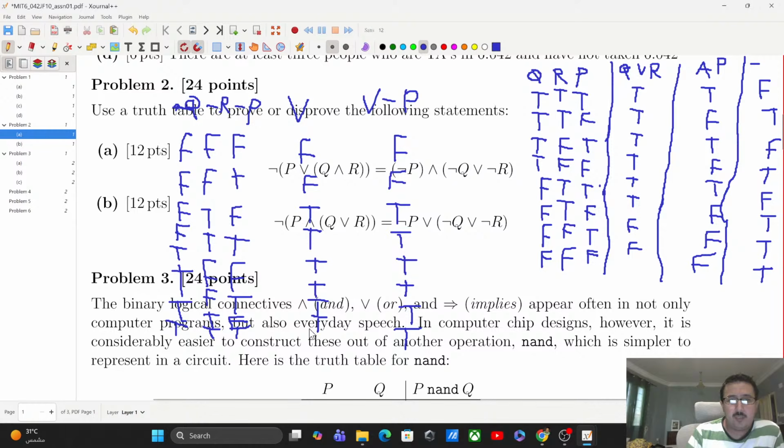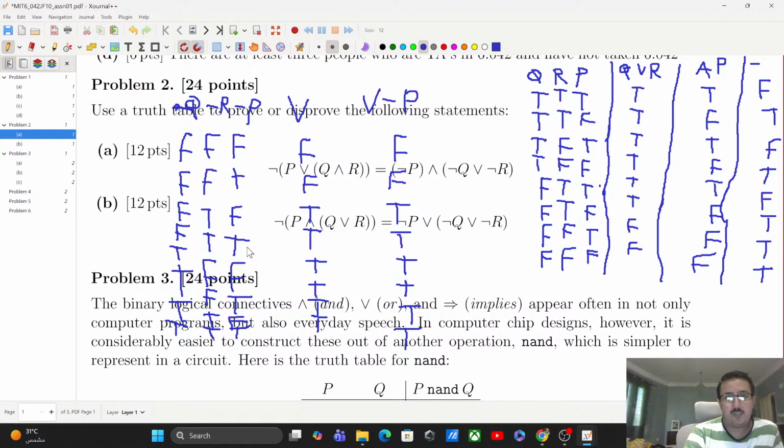B I get T false, T, get T, fourth, T false, T, I got T, 1, 2, 3, 4, 5.